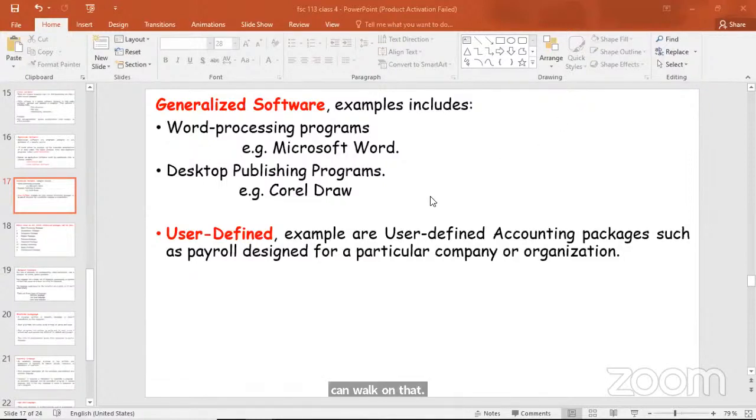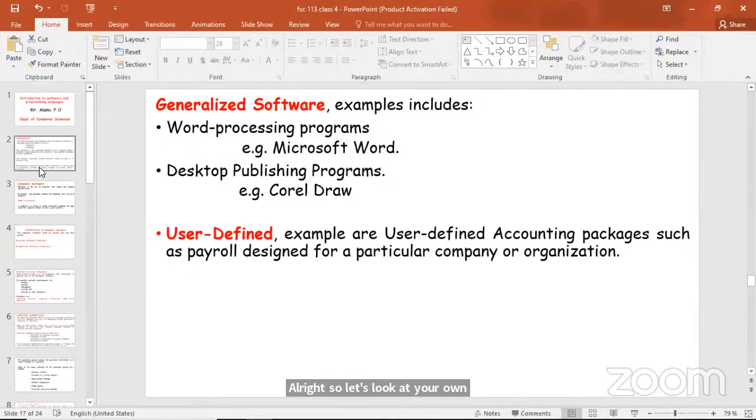So that's the difference. Generalized has to do with a large population of people using a particular application software, but user-defined is streamlined to just a particular problem and is limited to the number of people who can operate or use that application.